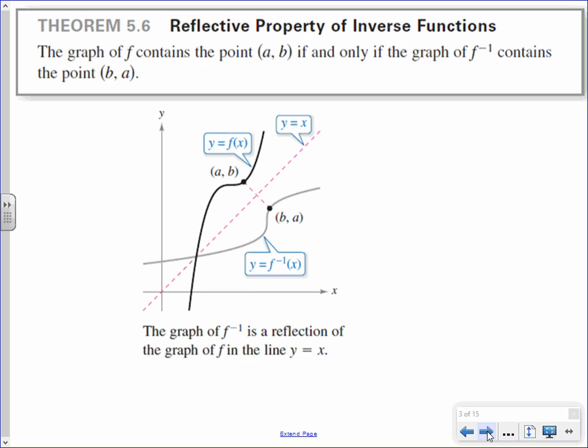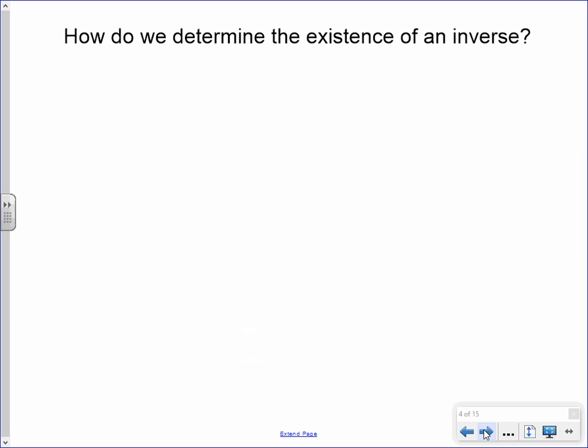Okay, let's flash back again to pre-calculus. It is Throwback Thursday, right? Okay, throwback to an Algebra 2 topic: how do we determine a graph actually is a function? Say it louder. Vertical line test. Okay, how do we determine a graph has an inverse?